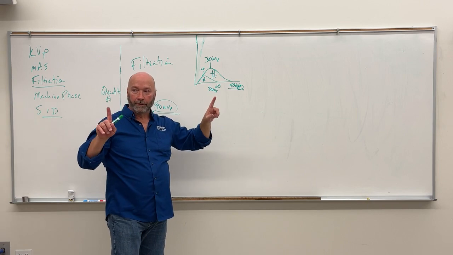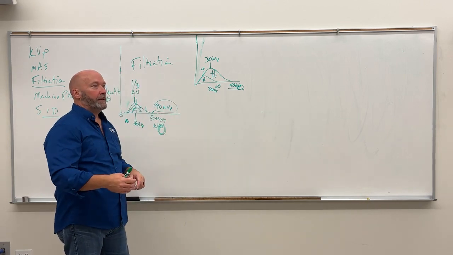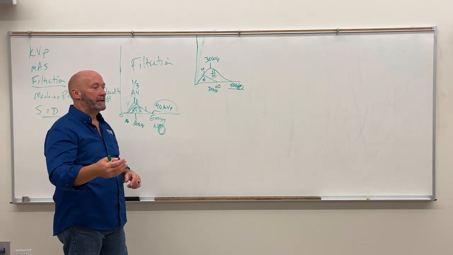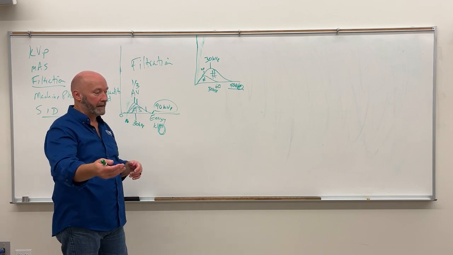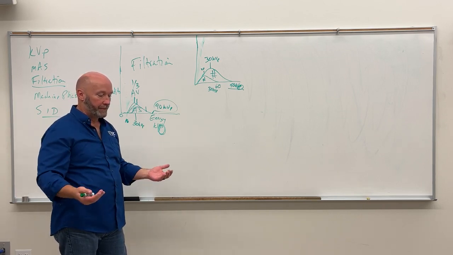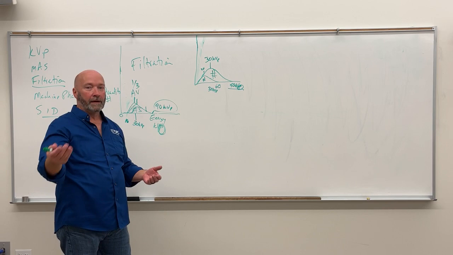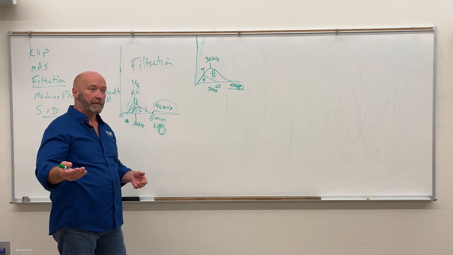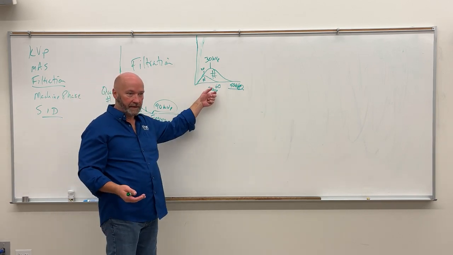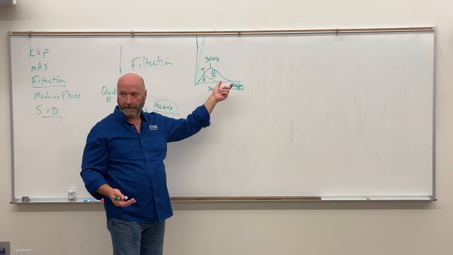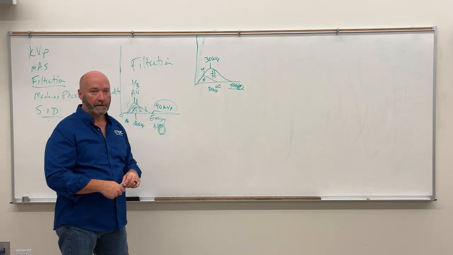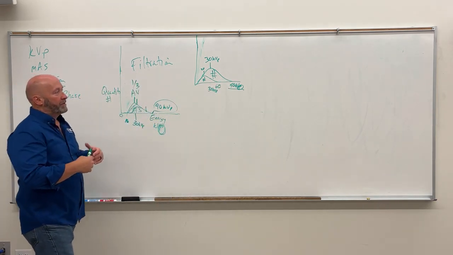But it changes both of those, right? If we need an increase in image receptor exposure and we don't want to increase the patient's dose quite as much as doubling our mass, this is the exposure factor we would change, okay? So it changes everything.